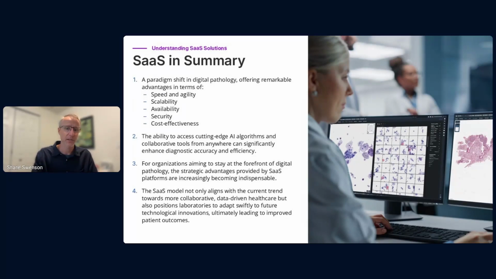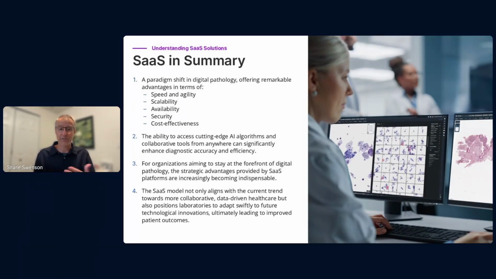This includes access to the ever-changing field of AI algorithms and connectivity between those systems as needed, collaboration across multiple sites and locations, as well as consultation, which can then bring more expertise to bear on your critical cases, and provide better outcomes for your patients, as well as a more efficient experience for your pathologists.